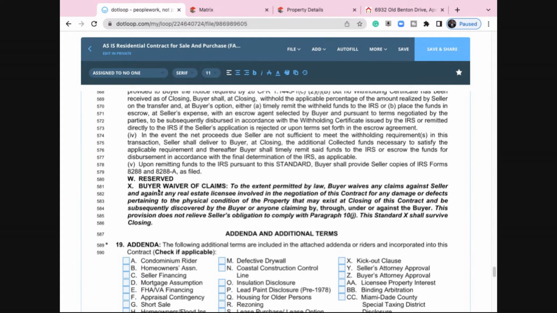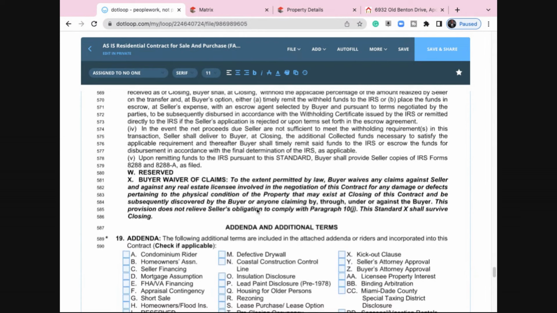And it says that the buyer waiver of claims, to the extent permitted by law, buyer waives any claims against the seller, against any real estate licensee involved in the negotiating of this contract for any damages or defects pertaining to physical condition of the property that may exist at closing of the contract and be subsequently discovered by the buyer or anyone claiming by, through, under, or against the buyer.